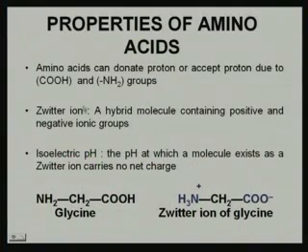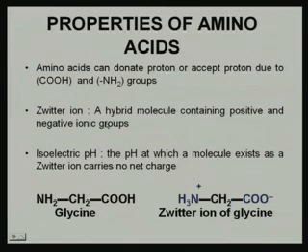Now, when we come to the properties of amino acids, an amino acid can donate a proton or accept a proton due to the presence of the COOH group and amino group within it.